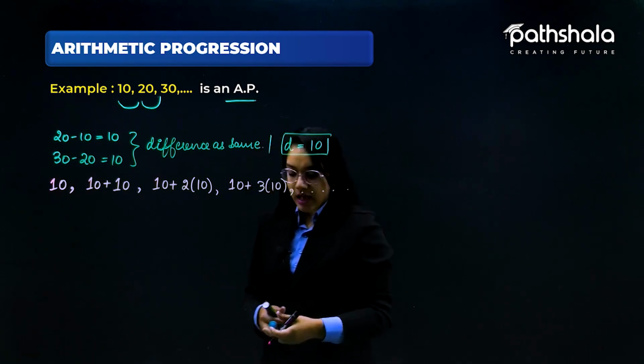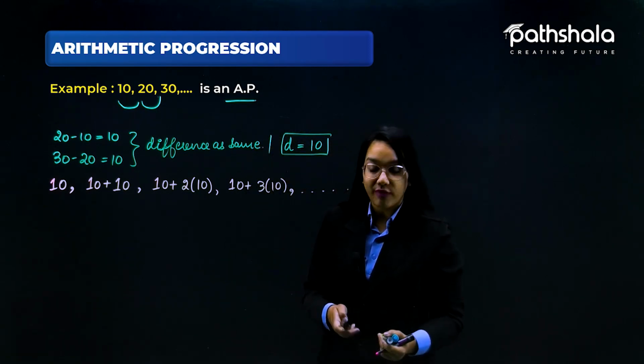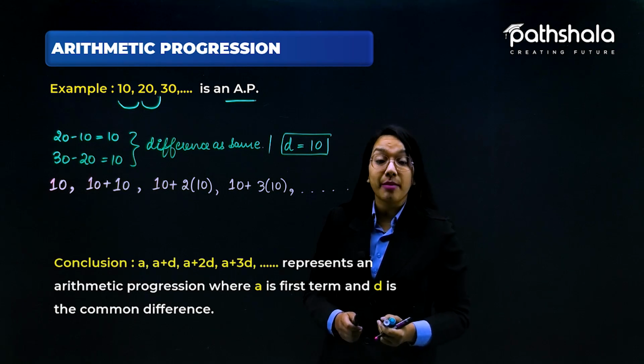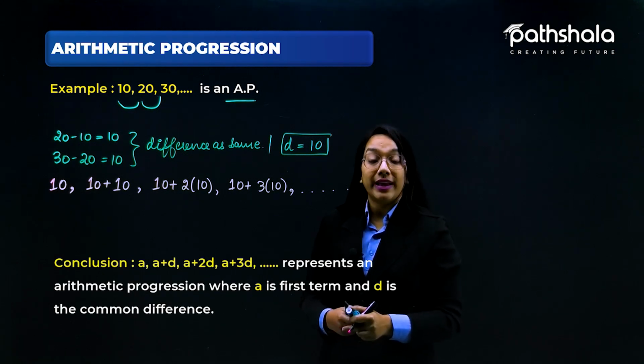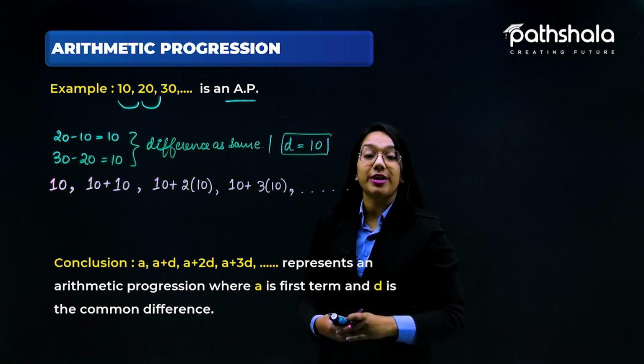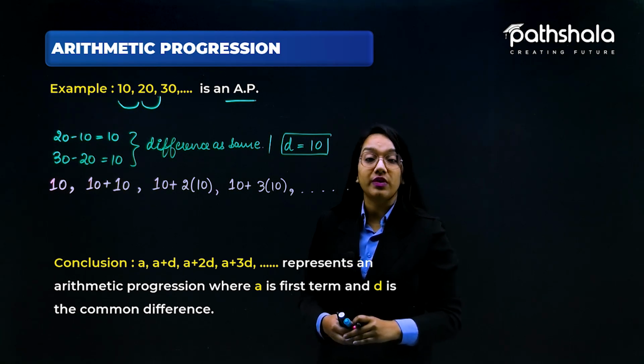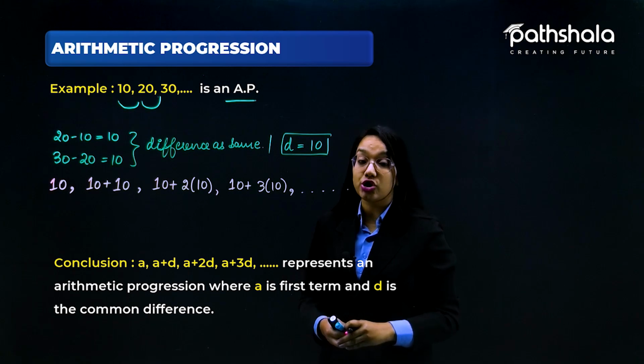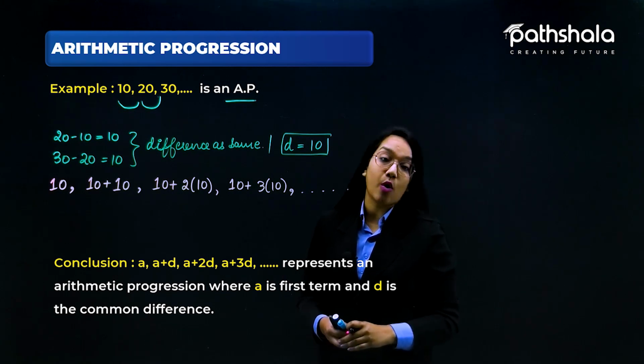Here you can see I am following a certain pattern, and the conclusion I get is that a, a plus d, a plus 2d, a plus 3d represents an arithmetic progression in general, where a is the first term and d is the common difference.